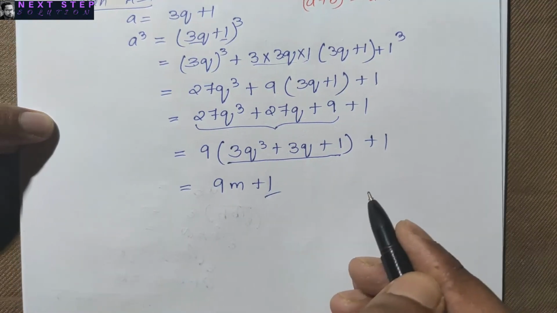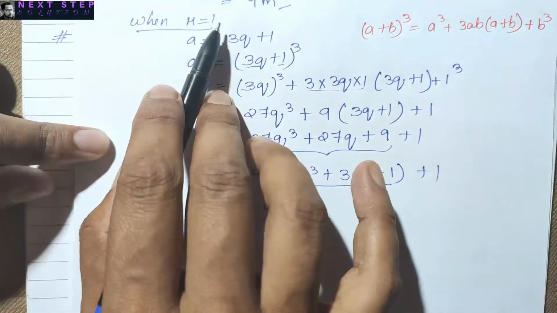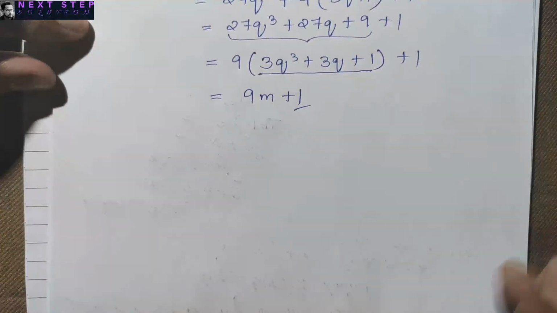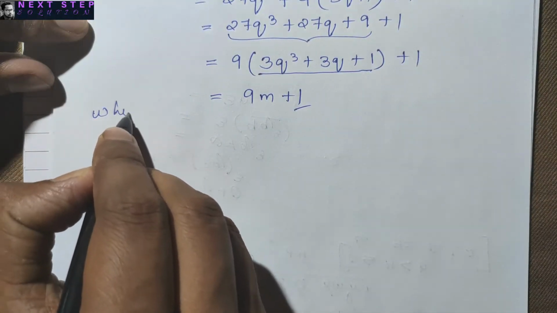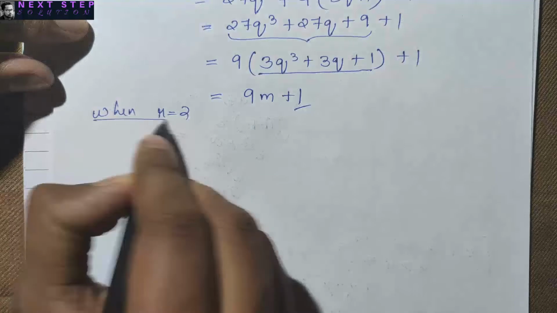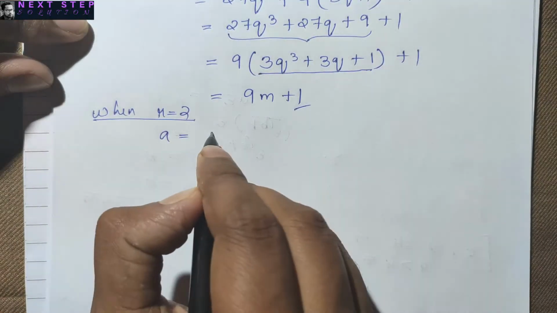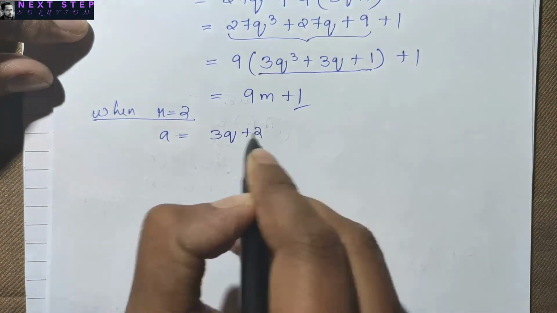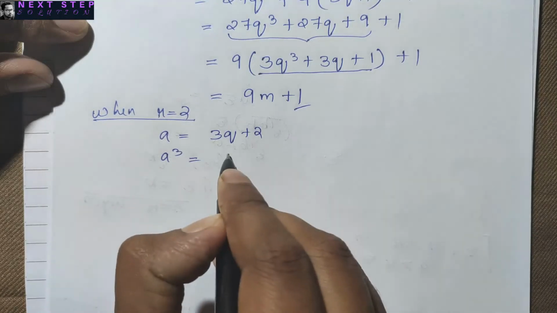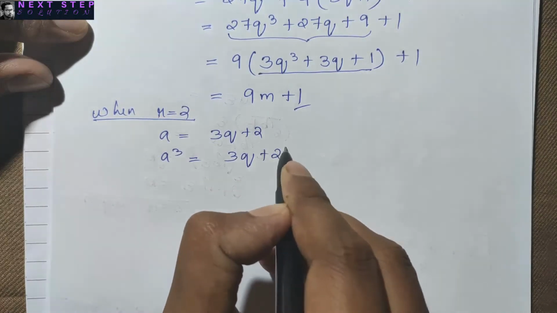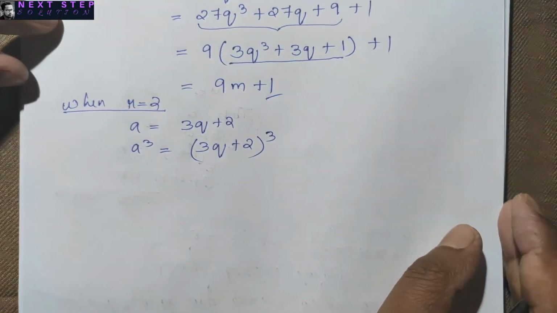Now leave it here. Furthermore, we are going to take when r equals to 2. When r equals to 2, a will be equal to 3q plus 2. We need a cube, so this will become 3q plus 2 the whole cube. Apply the same identity formula.